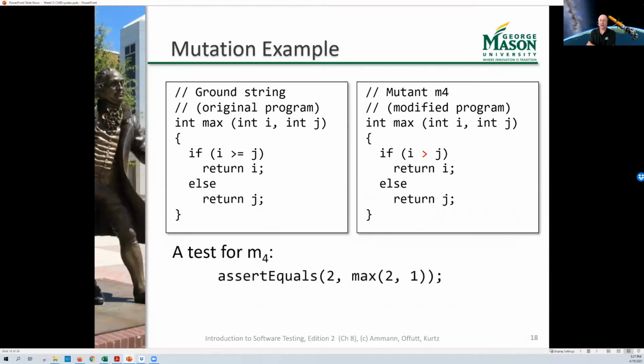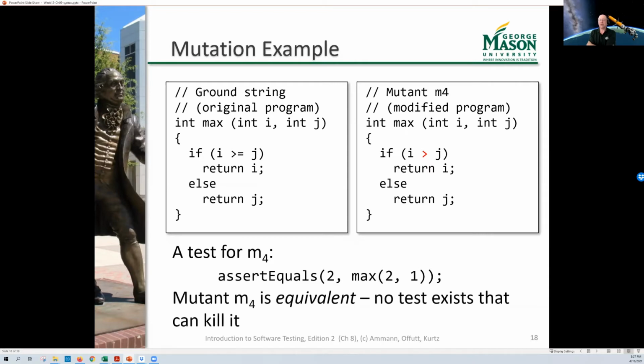So a test for m. Well, I could try and pass it in 2 and 1, but it turns out that it'll always return the correct value. So no matter what I do, no matter what test I give it, it will always give me the same results back. And the reason is the only difference in behavior is when I is equal to j, because in the original, when I is equal to j, we'll execute the then, whereas in the modified one, when I is equal to j, we'll execute the else, but I is equal to j.